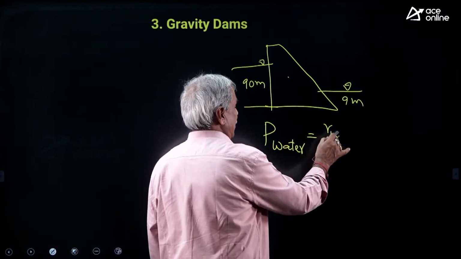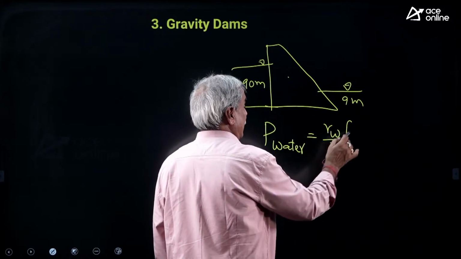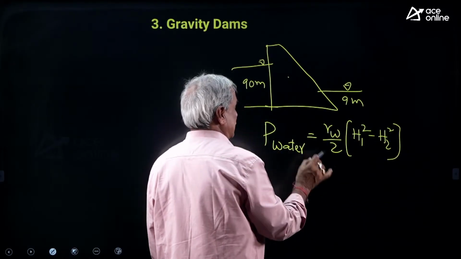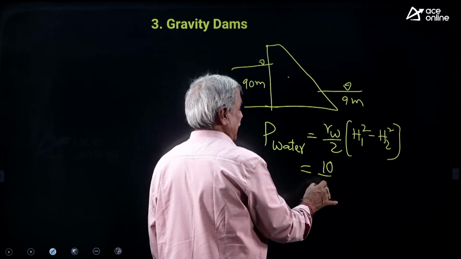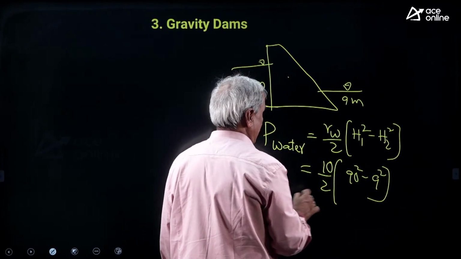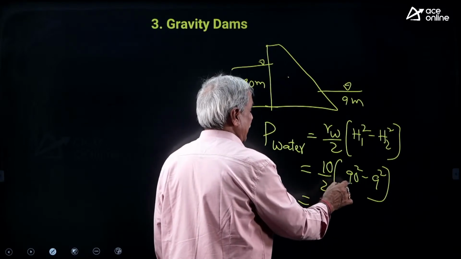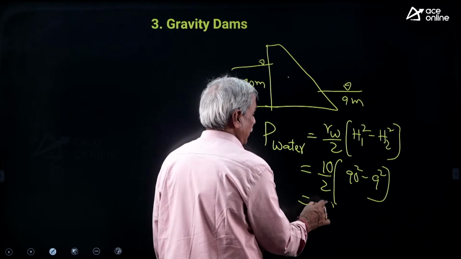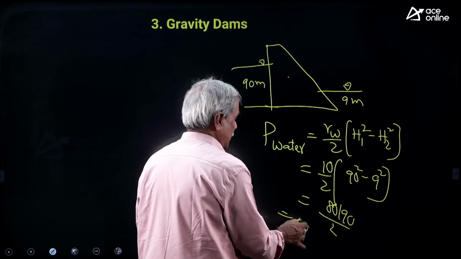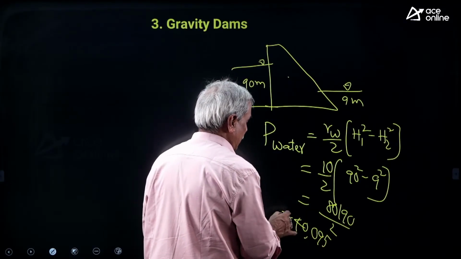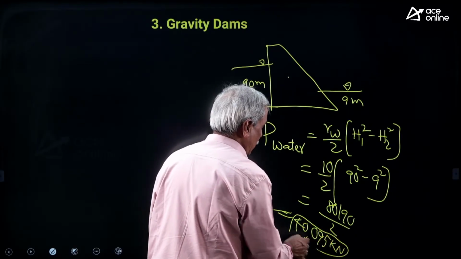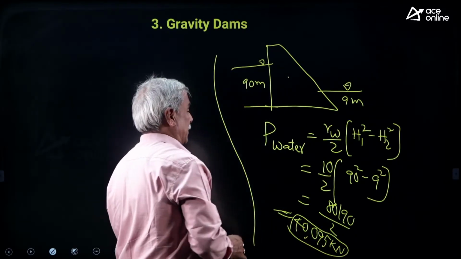You can solve the problem: gamma by 2 multiplied with h1 square minus h2 square. Such questions may be asked. It is 10 by 2 multiplied with 90 square minus 9 square. It is 8100 minus 81, 8019 by 2. 40,095 kilonewton is the answer. Such question may be asked.